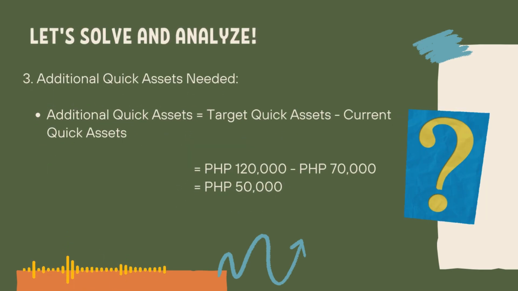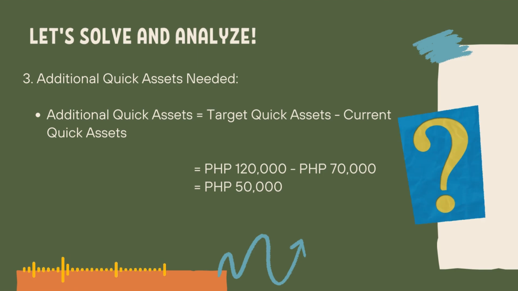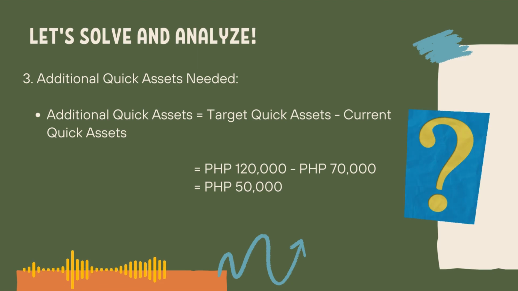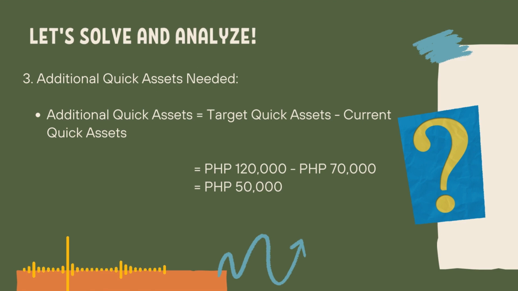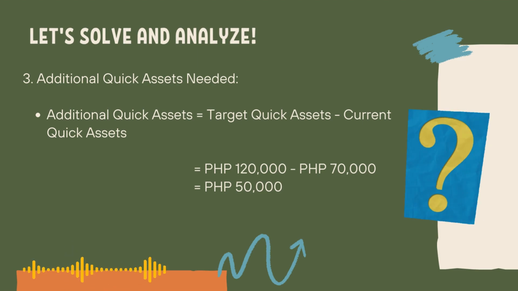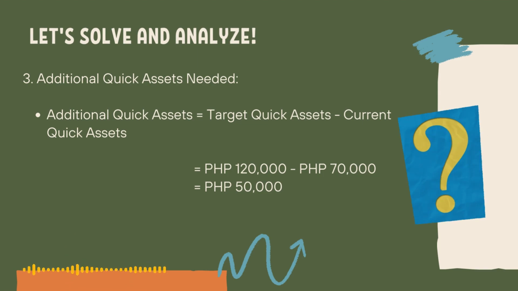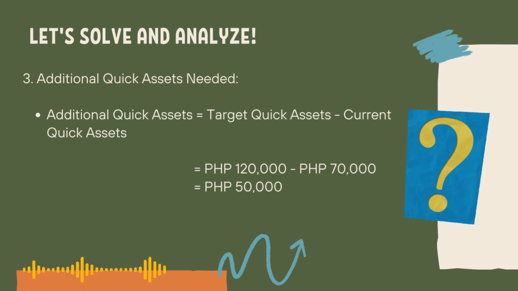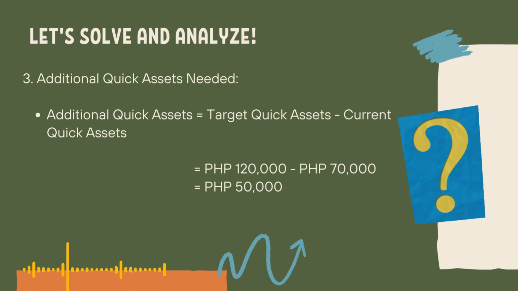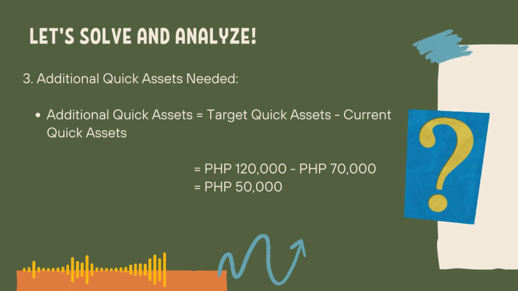Now, to get the additional quick assets that she needs, that is the target quick assets minus the current quick assets. So that's 120,000, the answer a while ago, subtract 70,000 pesos. That will give us 50,000 pesos of additional quick assets. This is the minimum amount of additional quick assets that she needs to raise to get a 1.5 quick ratio.